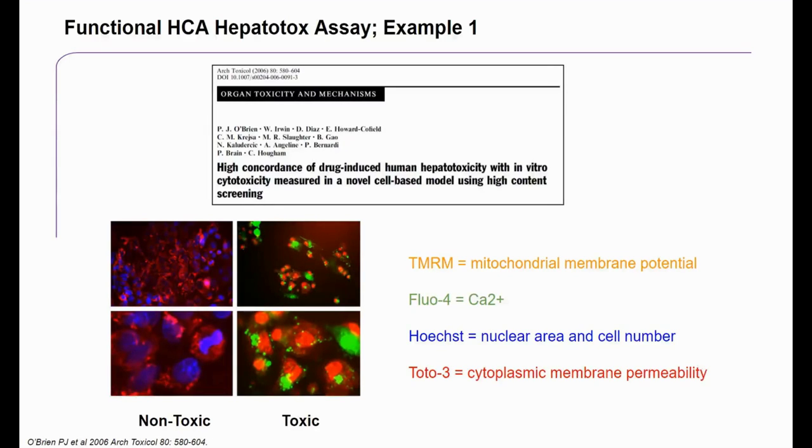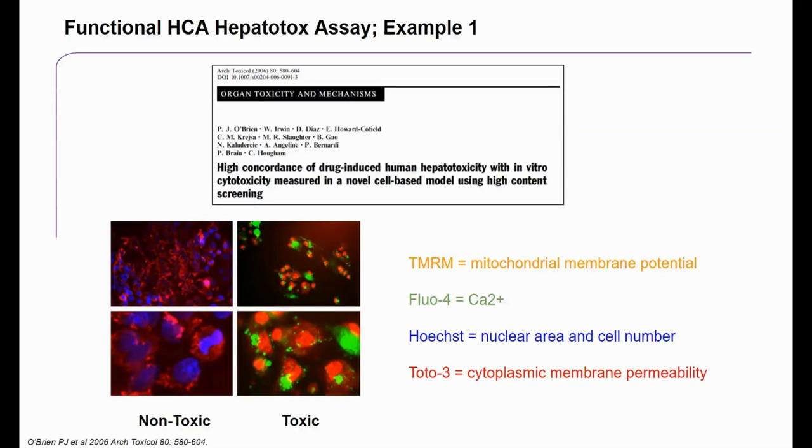And this was a high content platform, but was based on 4 different dyes. And so TMRM for mitochondrial membrane potential, a fluorophore for intracellular calcium, that increases in cells that are stressed, and then Hoechst for nuclear and cell number, and TOTO-3 for cytoplasmic membrane permeability.